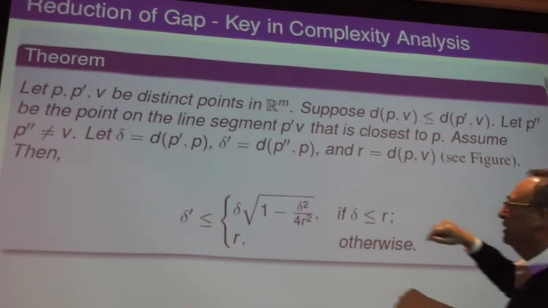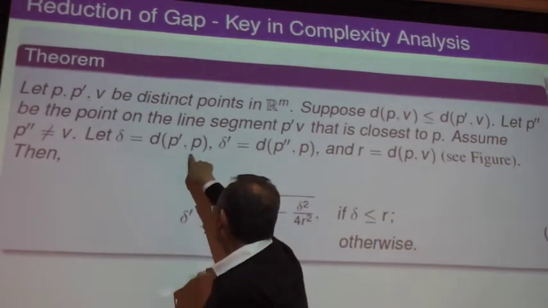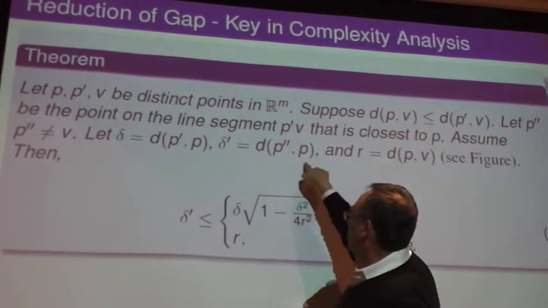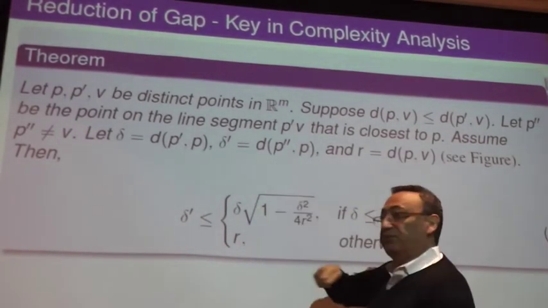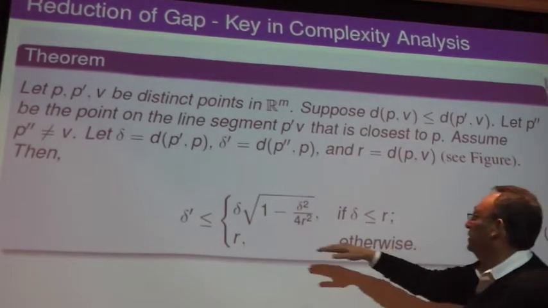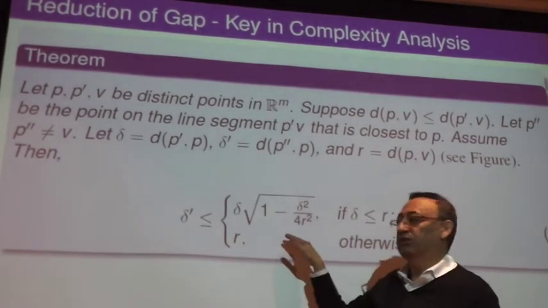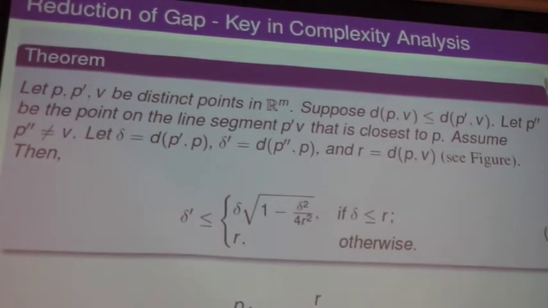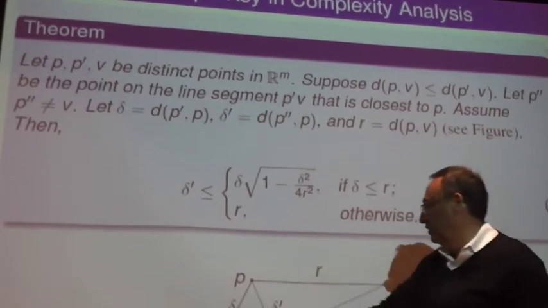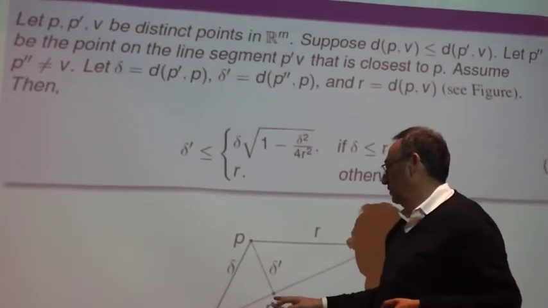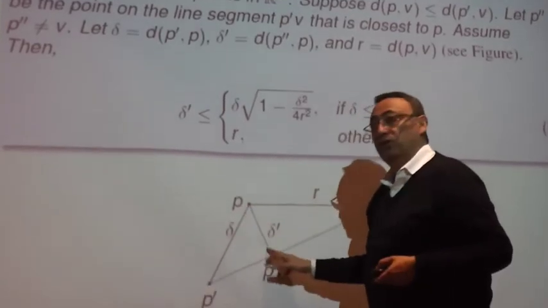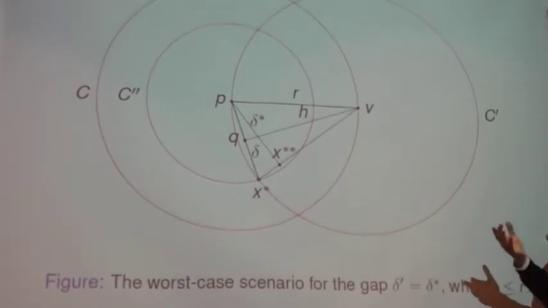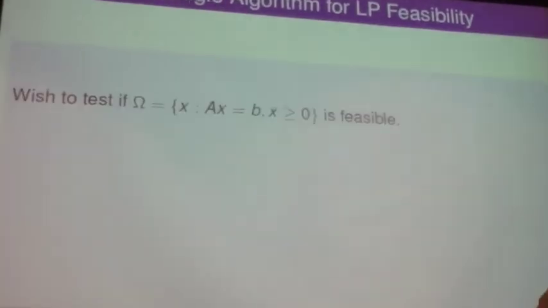If you look at the present gap, call it delta, the difference between P prime and P, and call the new gap delta prime, after we did one iteration, then this relationship is satisfied. So we can bound the gap in terms of this. And in fact, using this, so this is the situation. This was P prime V. Here is P double prime, and it's a comparison of these two.